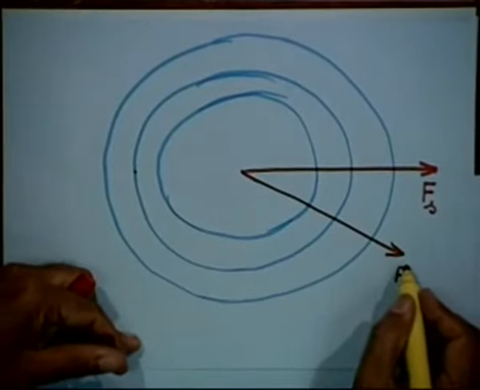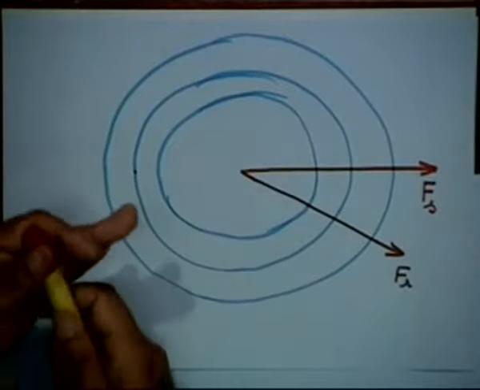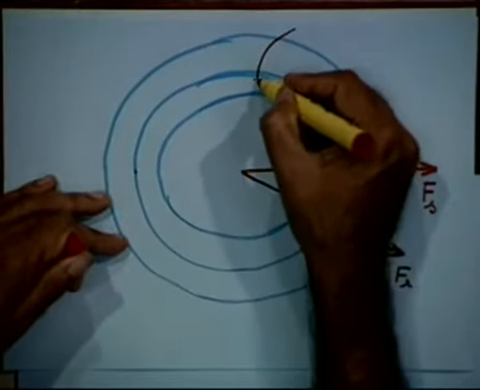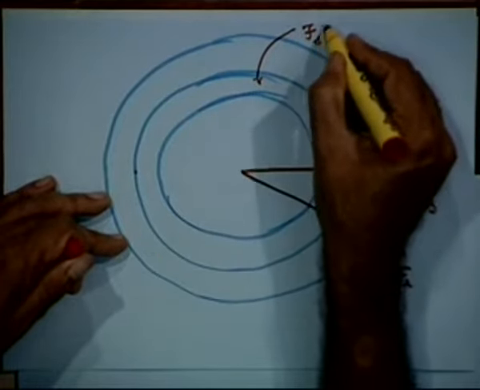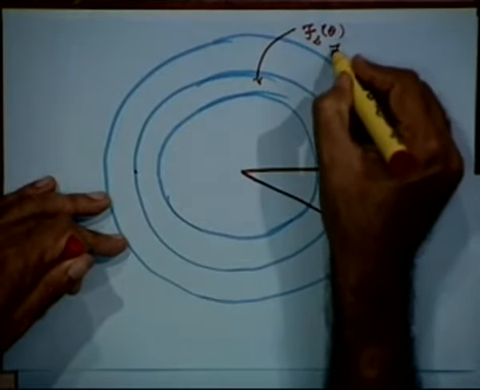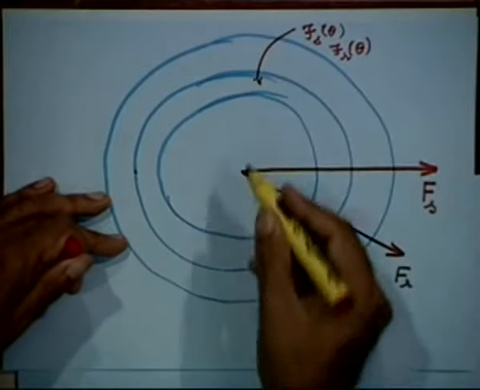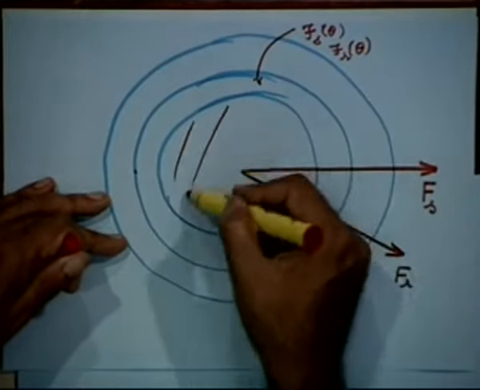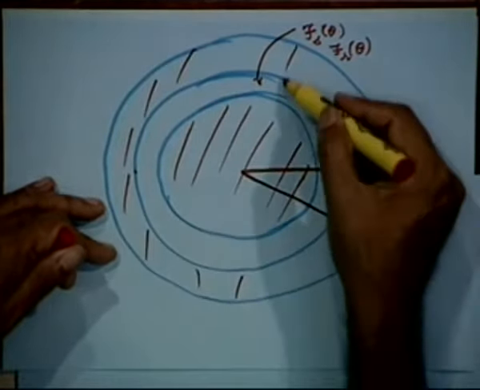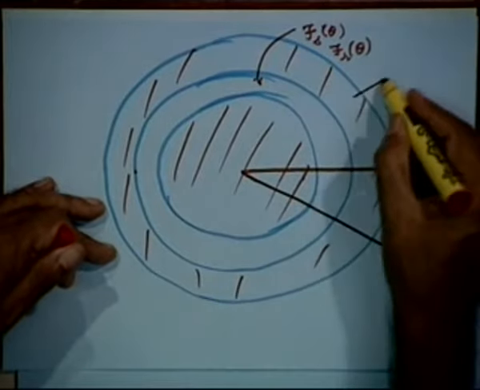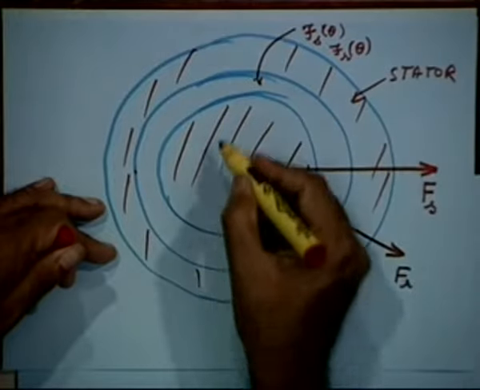Fr is now the peak of that MMF, whereas at any position theta here, maybe you will find some magnitude of Fs and also some magnitude of Fr at any position theta, at all positions in the air gap, where this is the rotor and this is the stator.